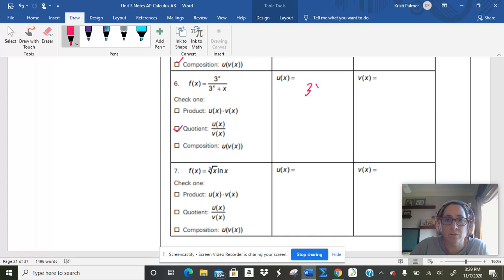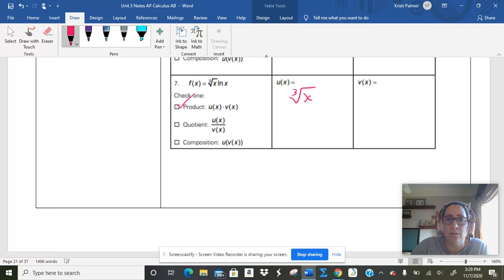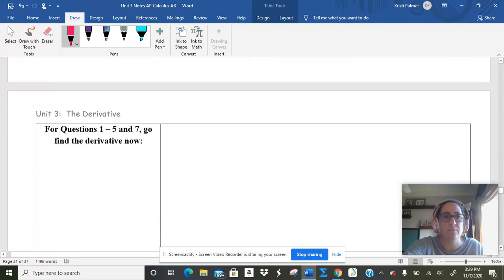So the numerator is 3 to the x, and the denominator is 3 to the x plus x. Number 7, product. The first and the second. Okay, now we're going to go do, actually that's a typo, that's all of them, 1 through 7. Okay?